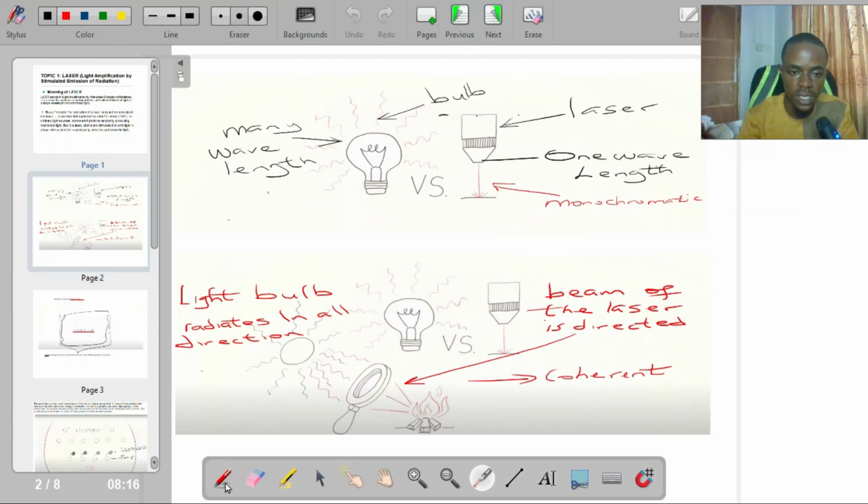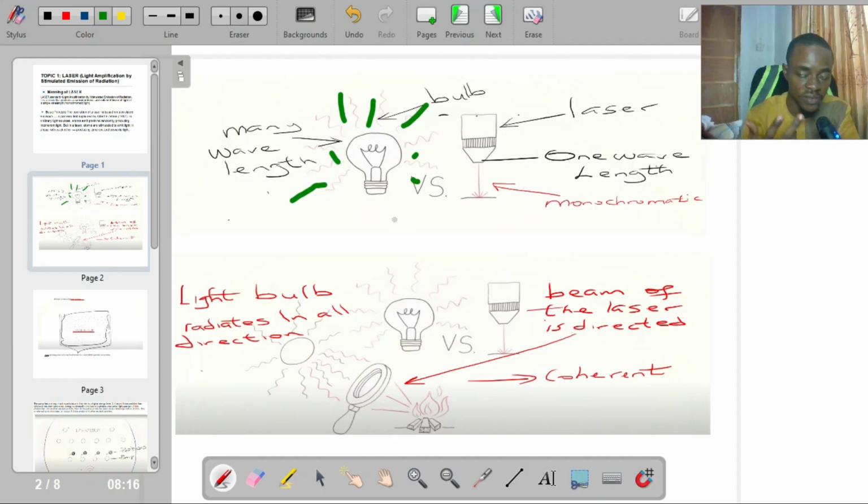That is the reason why, when it's dark at night and you turn on your bulb, you will notice that the whole house will be illuminated.